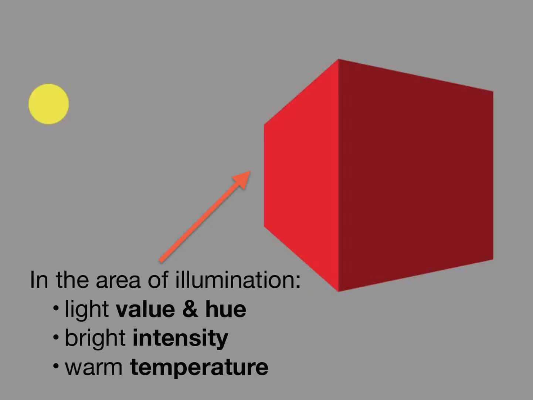So let's pick that apart just a little bit. When you look at the face of this square in this diagram that is being illuminated by the sun, almost at a 45-degree angle, in that light illuminated section, you have a very light value and hue, you have a bright intensity, and a very warm temperature.